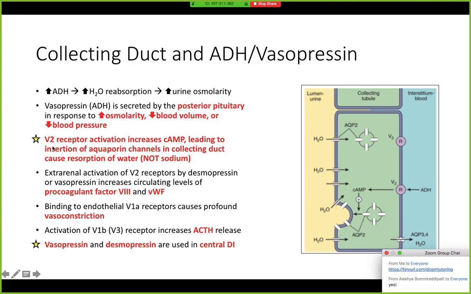So ADH is going to lead to V2 receptor activation. If you look over here, ADH activates the V2 receptors, and this leads to an increase in cyclic AMP, and then your aquaporin channels are going to be inserted in the collecting duct, and that results in a reabsorption of water from the tubular lumen.